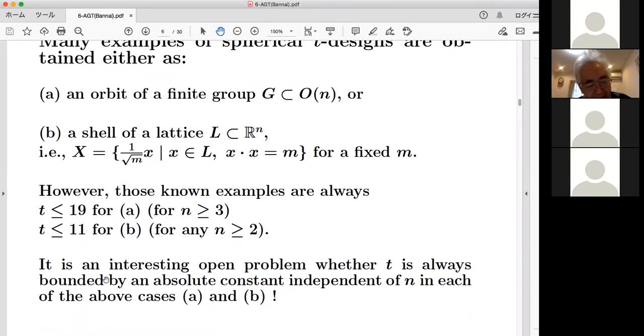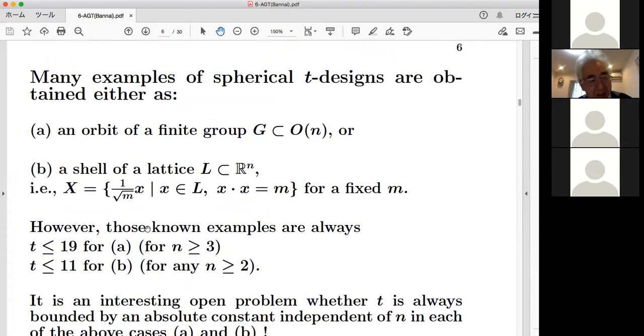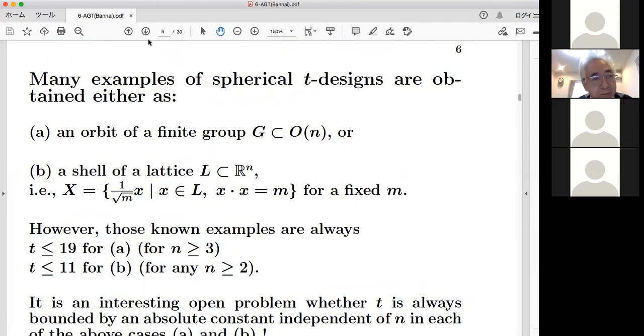And it is an interesting open problem whether t is always bounded by an absolute constant independent of the dimension n in each of the above two cases A and B. Still, I think it is open.